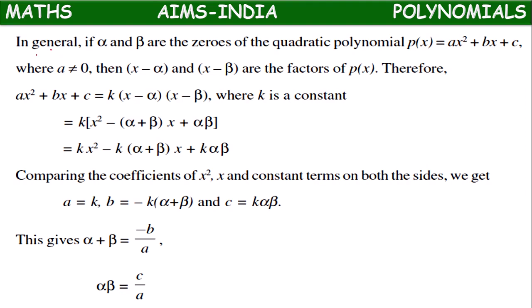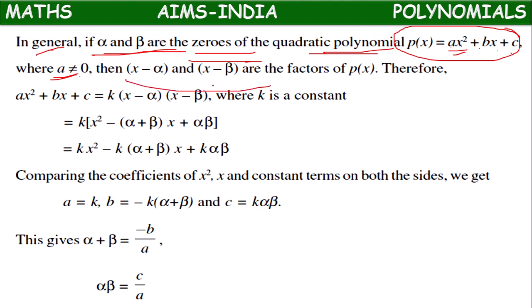Next, children. In general, if alpha, beta are the zeros of the quadratic polynomial p of x equals ax square plus bx plus c, where the x square coefficient a is not equal to 0, then x minus alpha and x minus beta will be the factors of p of x.